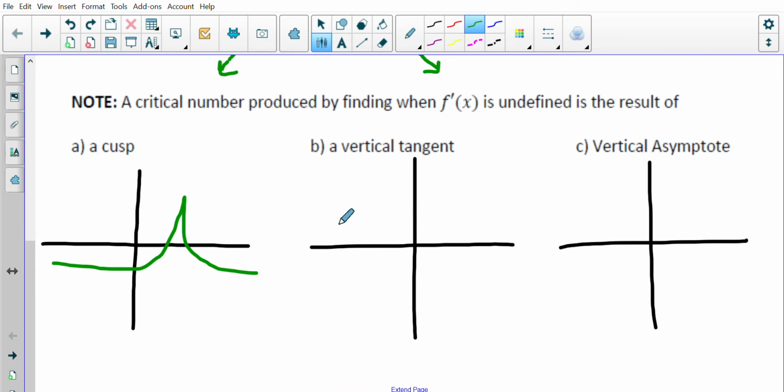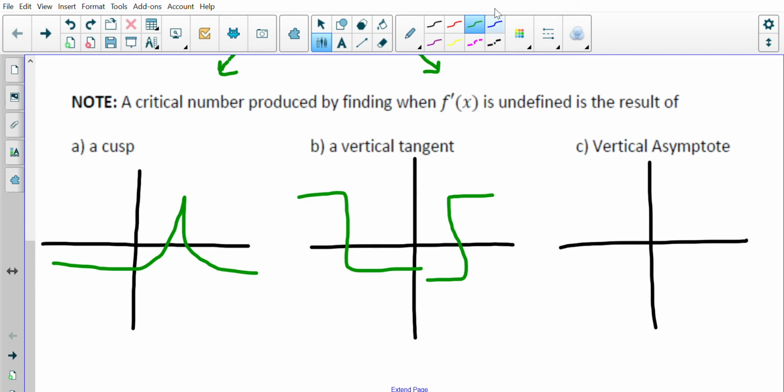So there's 2 different cusps, just like a vertical tangent. You could have a vertical tangent that looks like this. And so at this straight vertical line here, your derivative would be undefined because you do not have a run for a slope. You have a rise, or a drop in this case. Again, another vertical tangent could go the other way.